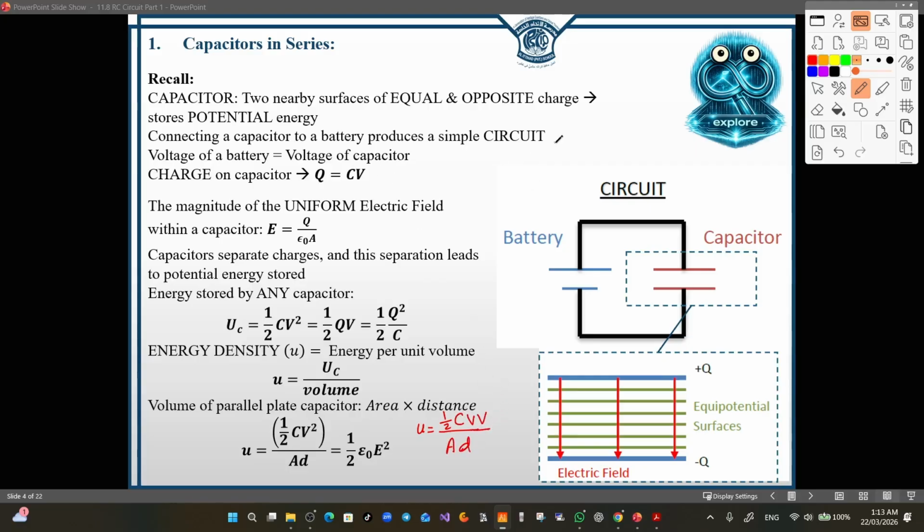Now, since E equals Q over epsilon 0 A, then E times epsilon 0 is equal to Q over A. And also we know that Q equals C times V. So we can change C times V with Q, and Q over A can be written as E times epsilon 0, so half E times epsilon 0 multiplied by V over d. Now V over d can also be written as E. E times E is E squared, and we get this expression.